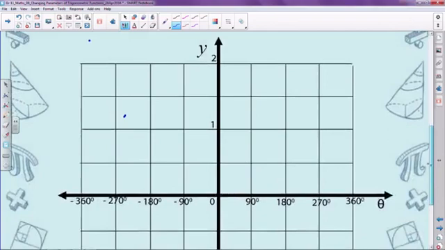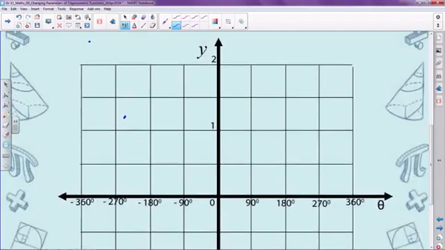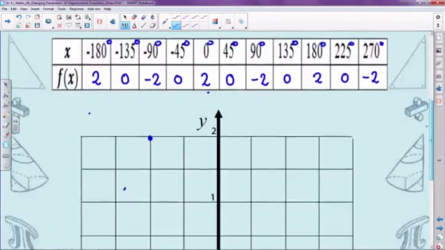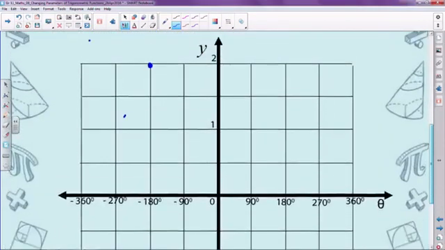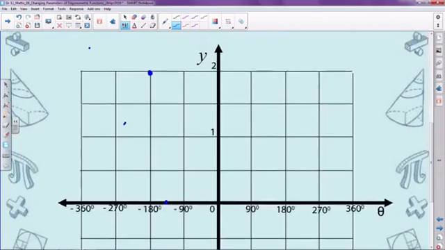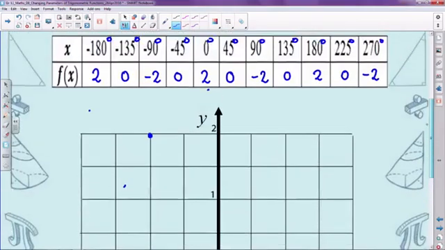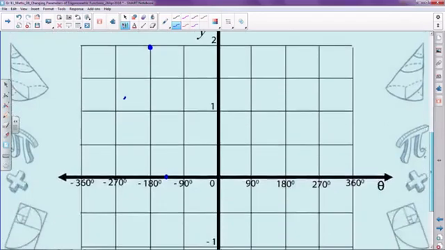180 and 2, right? So minus 180 and 2. Okay? Then minus 135 and 0. Minus 90 and minus 2.